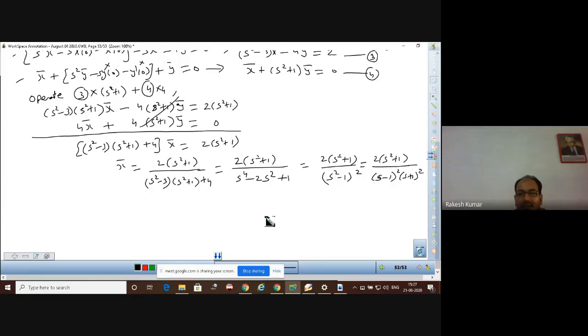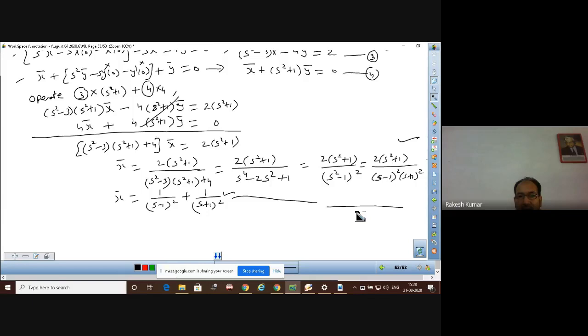So in the denominator you can write it like this by applying a minus b, a plus b. Now (s - 1) whole square can be written here, plus 1 over (s + 1) whole square can be written. As a rough check, if you simplify this term, you will get the same term.